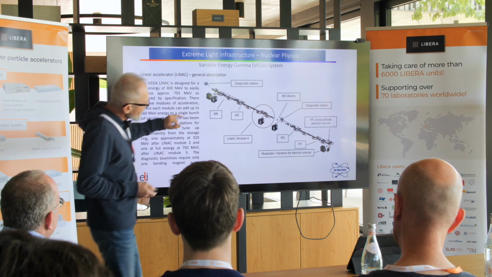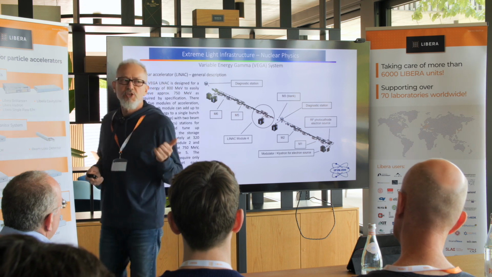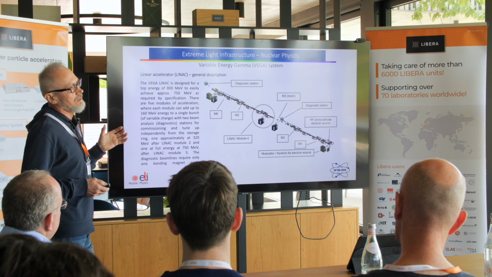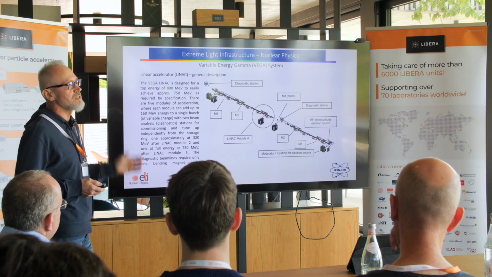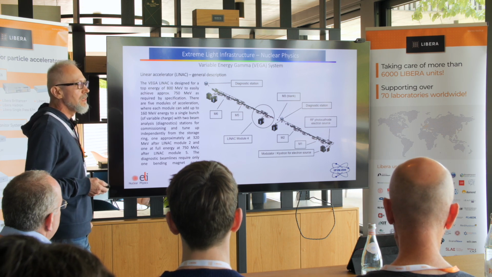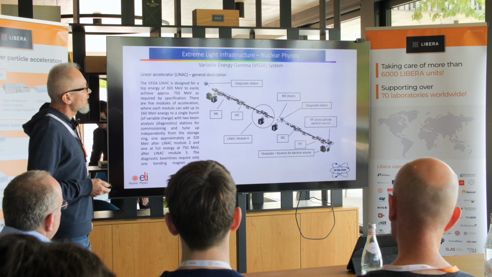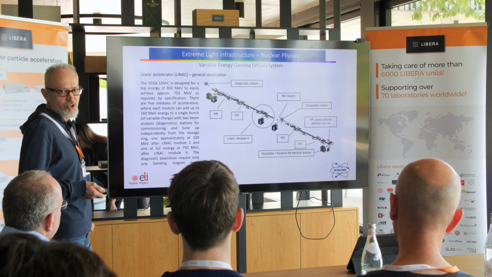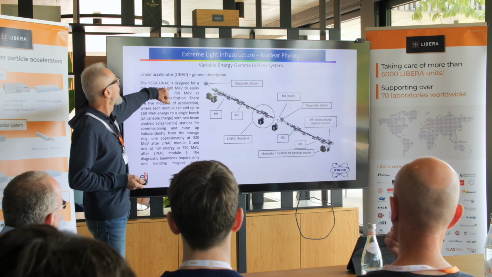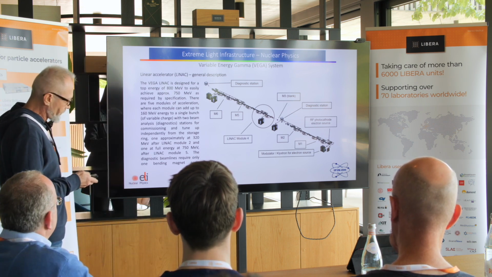Each module has 4 structures, and each structure is 2 meters in length, and each is charged with 20 megawatt power. So finally we'll have 20 structures. These 20 structures with 20 megawatt power will finally arrive at 800 mega electron volt energy.